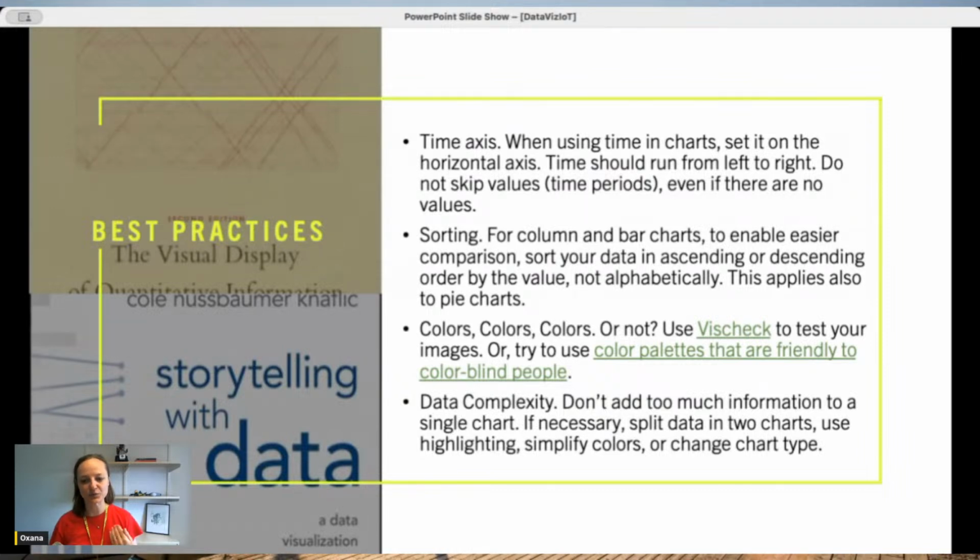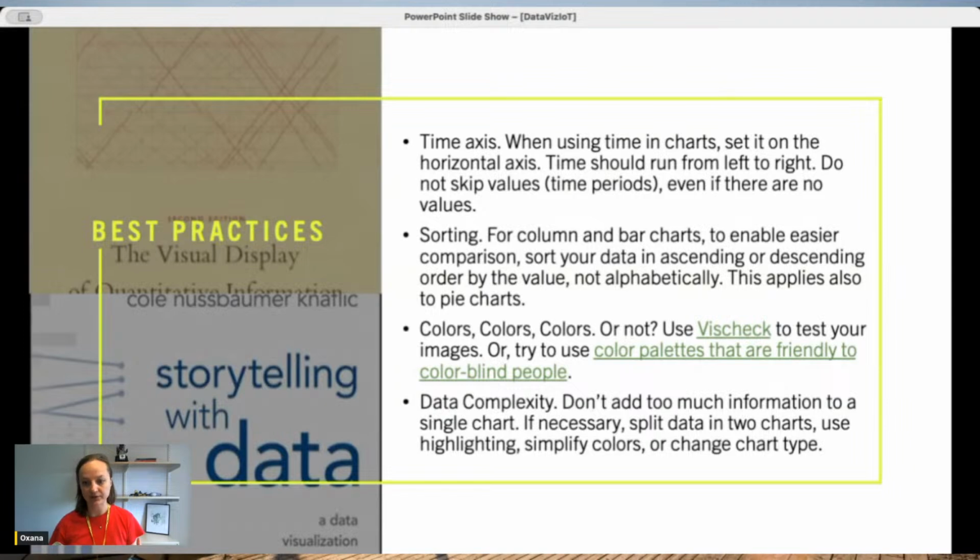And that comes to the next point, data complexity. Remember, your goal is to make the data that we have simpler, not the opposite. So don't add too much information, and always remember who your audience is. If you're building this project for yourself, only for the course, or if you know that a certain type of people will look at it.